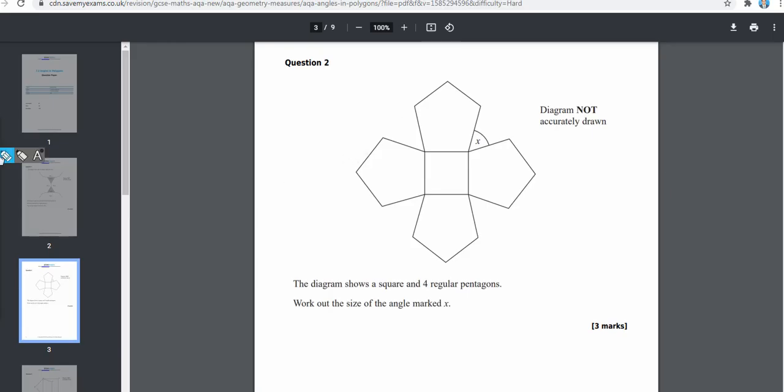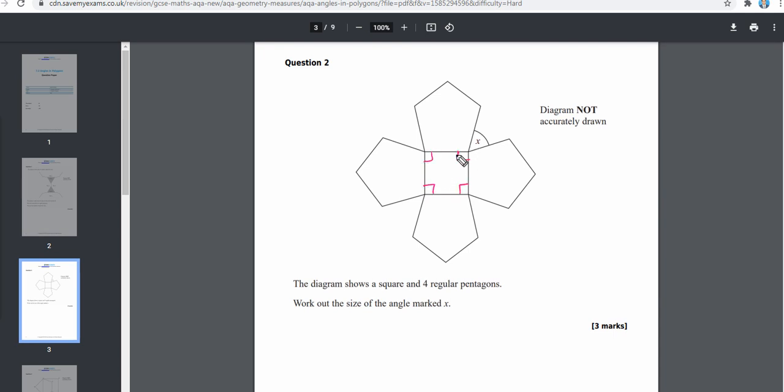Alright, so here we have an exam related question. It says the diagram shows a square and 4 regular pentagons. Work out the size of the angle marked X. So we have to work out this angle. This is the square, so in the square all the angles are equal to 90 degrees.